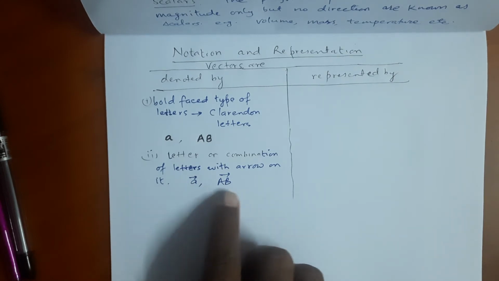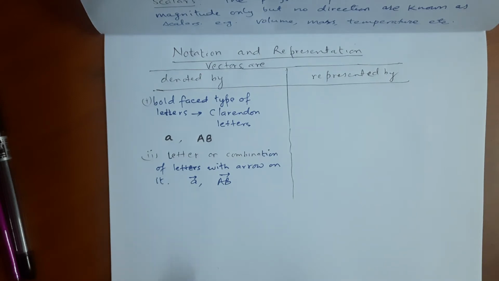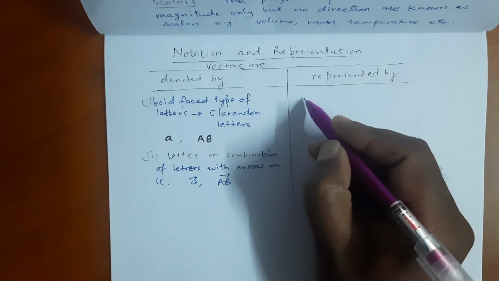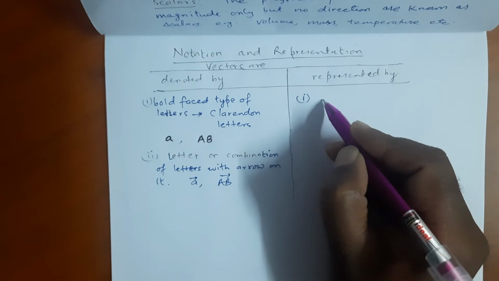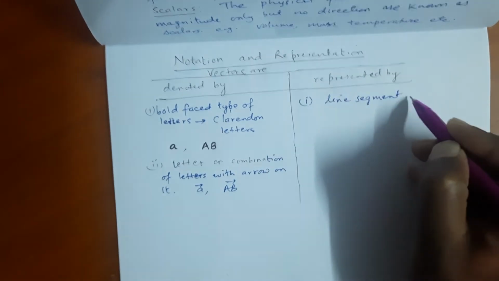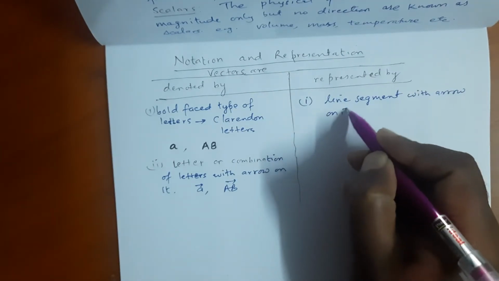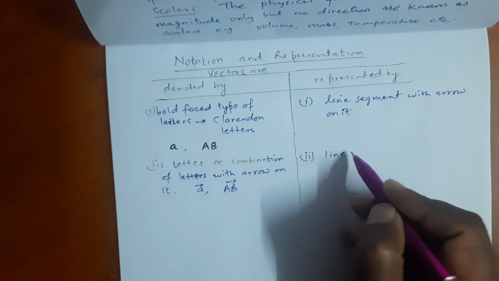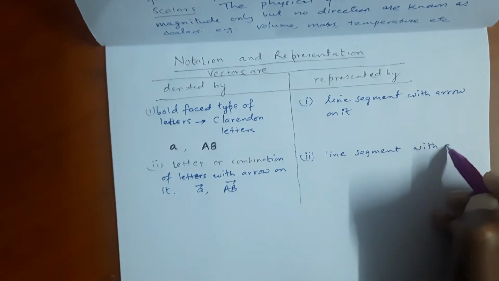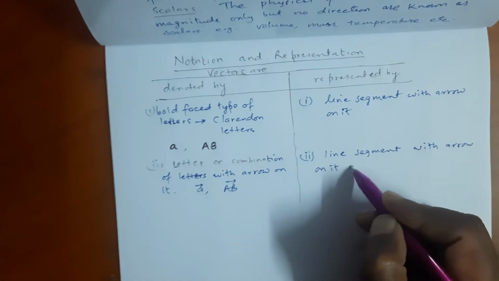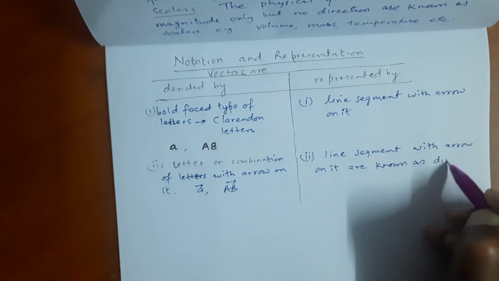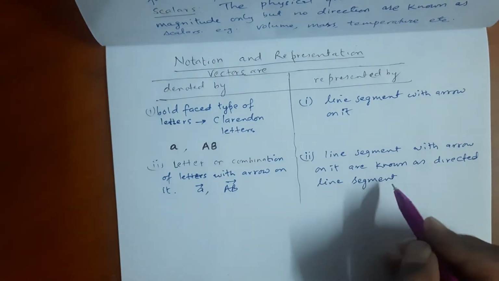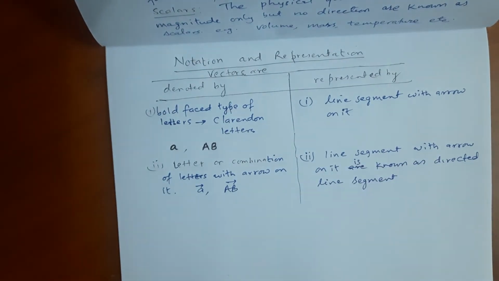Vectors are represented by a line segment with an arrow on it, and a line segment with an arrow on it is known as a directed line segment.